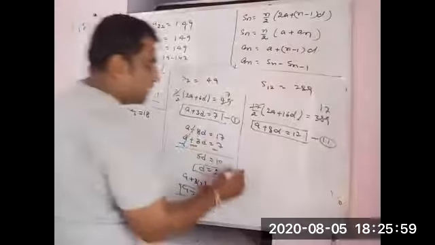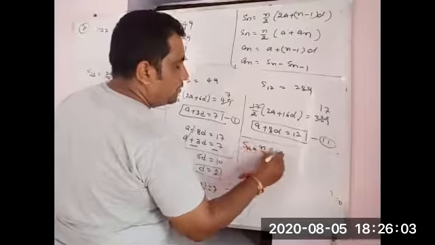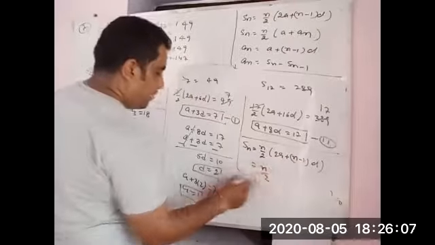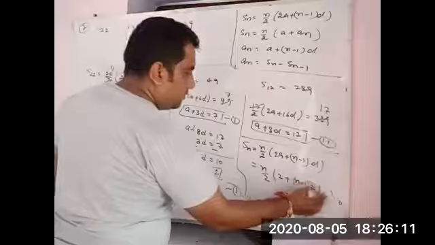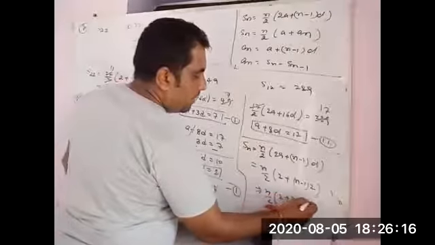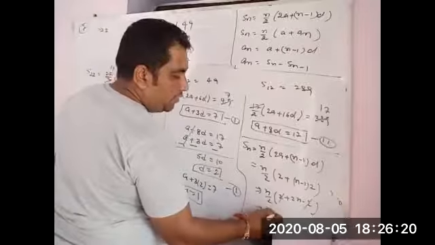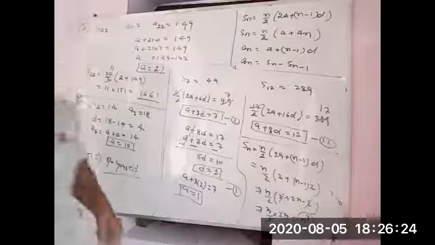Sn, n by 2 (2a plus (n minus 1)d). n by 2, 2a is 2, n minus 1 times d, the value of d is again 2. n by 2 (2 plus 2n minus 2). 2 and 2 cancel. n by 2 into 2n, 2 and 2 cancel, n square.